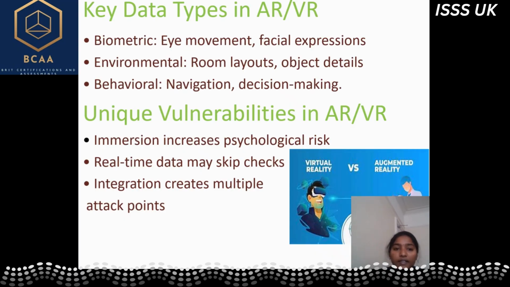Here are the key data types in AR and VR, which carry a high risk. Biometric data includes facial expressions and eye tracking, environmental data encompasses physical surroundings, and behavioral data tracks users' interactions and decisions.